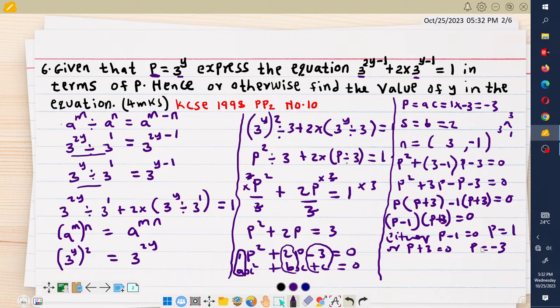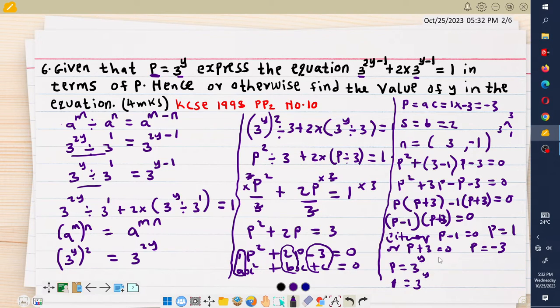But they wanted me to find the value of y. We had said that p is equal to 3 to the power of y. If you substitute p as negative 3, then it's not possible to solve for y, so the only possible way is if we substitute p being 1. So 1 is equal to 3 to the power y.